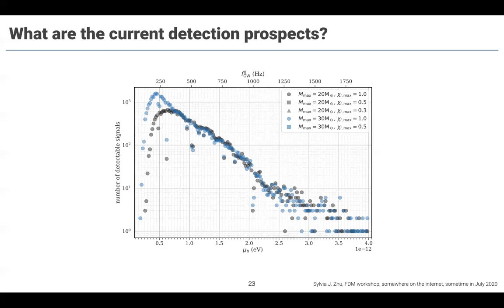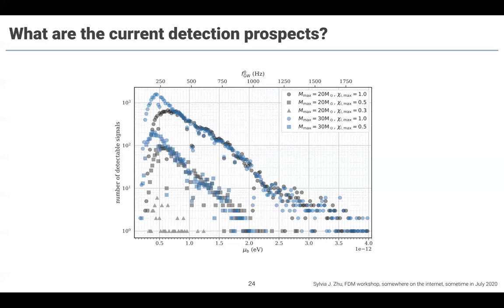Remember, with a heavier black hole, you also get larger values of alpha. That means that your time scales get shorter, which means that your signals stop being detectable much quicker. And so with heavier black holes, you gain in this small range of lighter boson masses, and you don't necessarily gain more signals with the heavier bosons in this range.